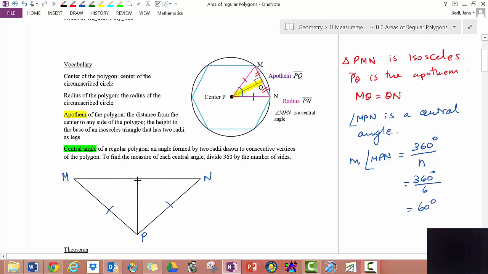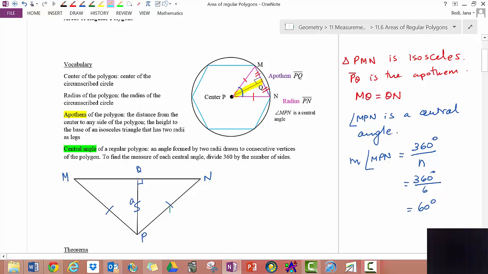I'm now sketching the apothem. Okay, and that'll make a right angle here. So this is the apothem A. This is a common side. If you look at triangles MPQ and NPQ, you will notice they are congruent by hypotenuse leg.